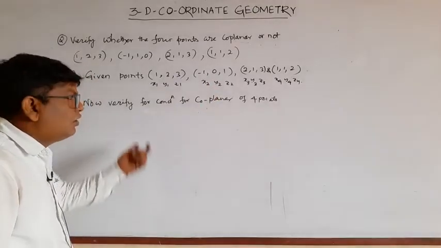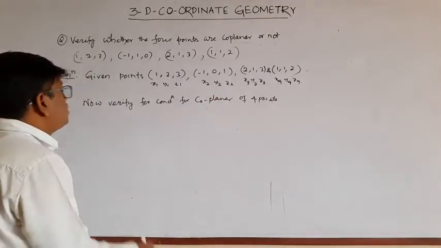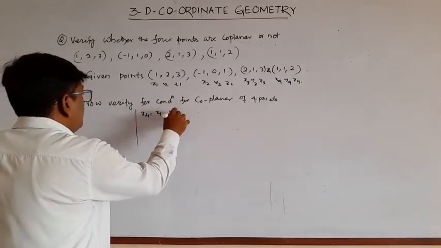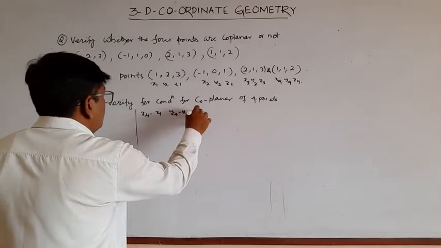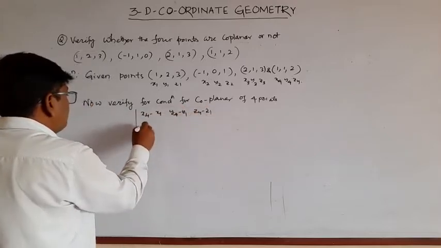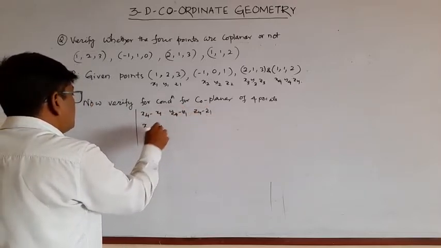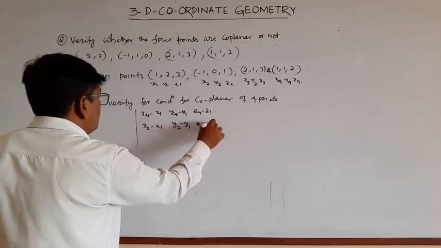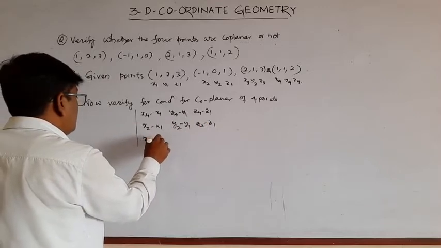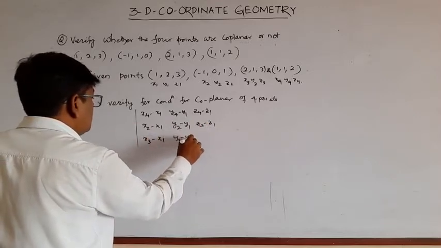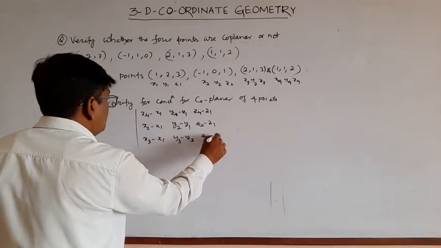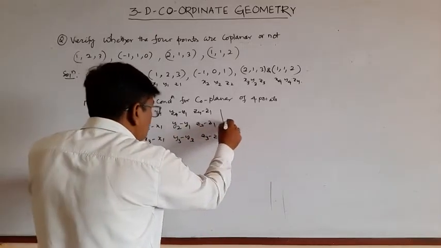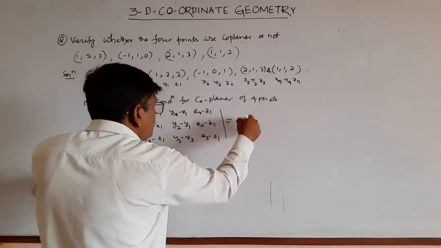This is one method. Or you can directly apply the condition for coplanarity. That is, x4 minus x1, y4 minus y1, z4 minus z1, x2 minus x1, y2 minus y1, z2 minus z1, x3 minus x1, y3 minus y1, z3 minus z1. This should be 0 to be verified.